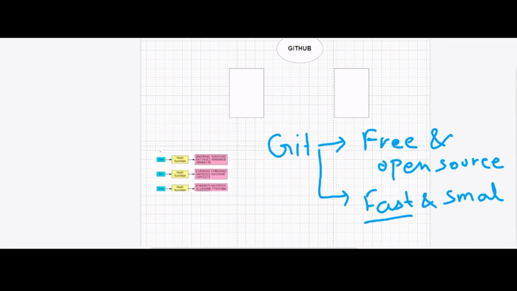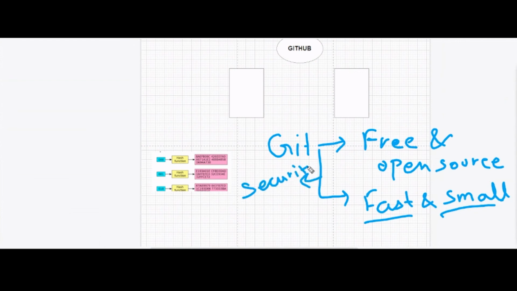Because it's just like a command line interface. You will get to know when we move to install Git and work on it. It looks like the terminal, but it's not exactly; all the commands also work in the Git terminal. And it's small, you can see the size.